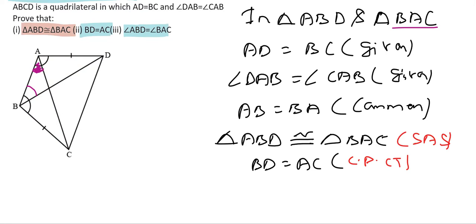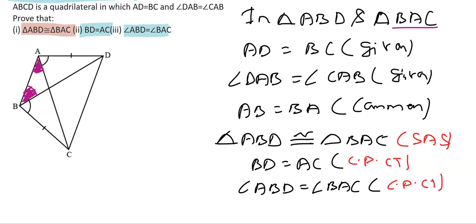That belongs to the second triangle, which is already proved congruent. So we can write these two angles as equal, and the reason will be the same, that is CPCT. So we'll be writing angle ABD is equal to angle BAC, and the reason for this is the same as we did, that's CPCT. So this is how these three parts of this question can be done.